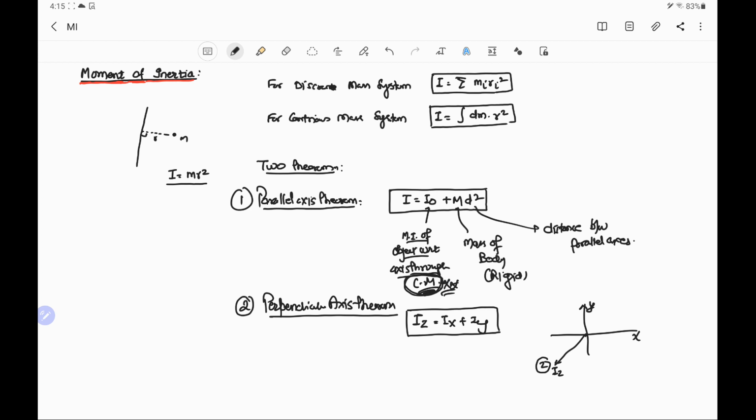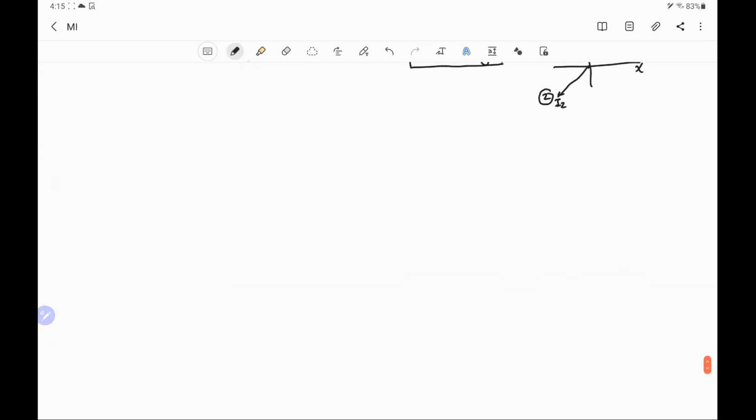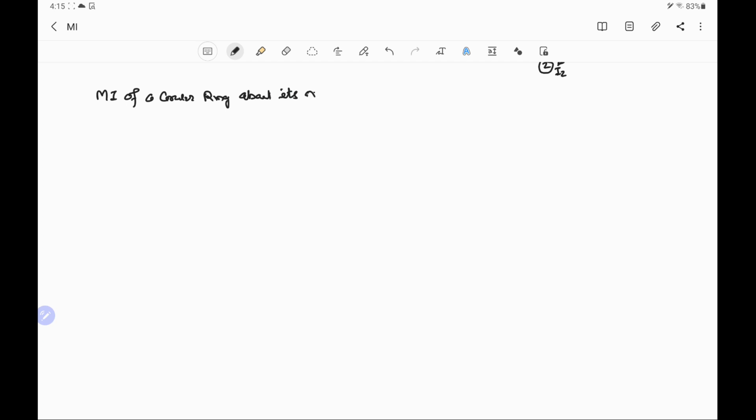Now we find the moment of inertia of a circular ring about its axis. The axis of the circular ring always passes through the center and is perpendicular to the plane.